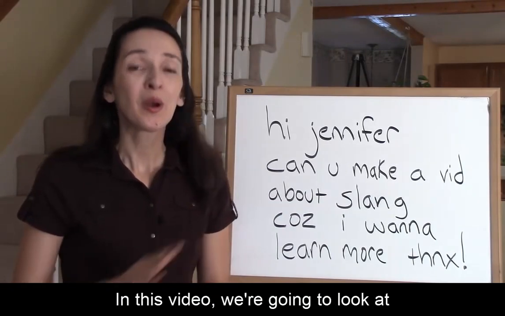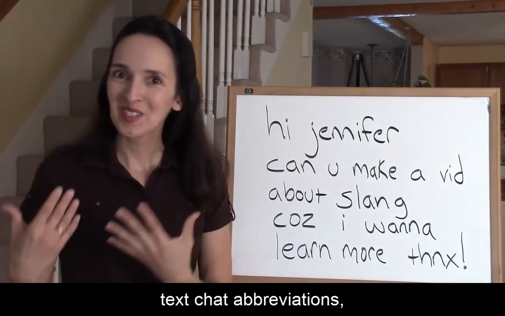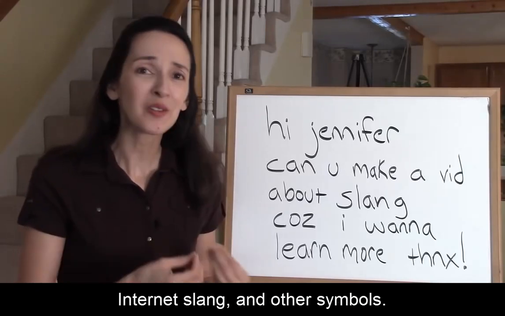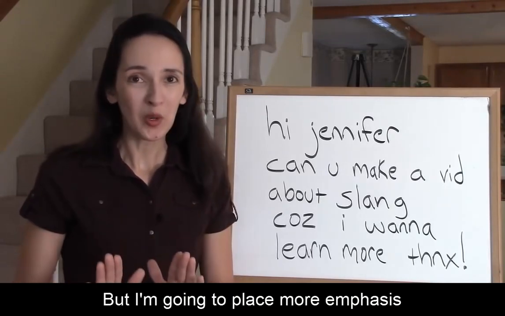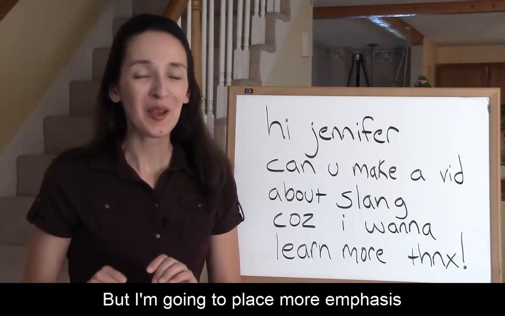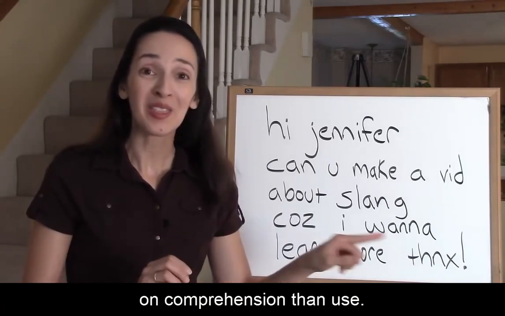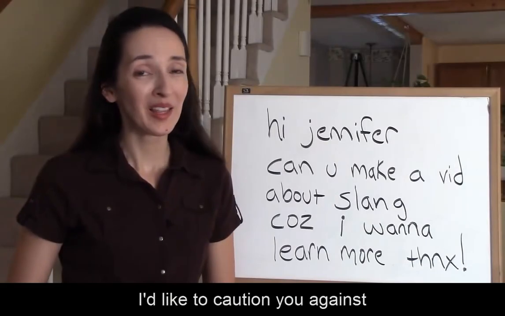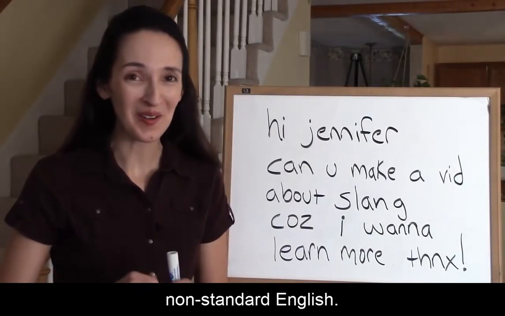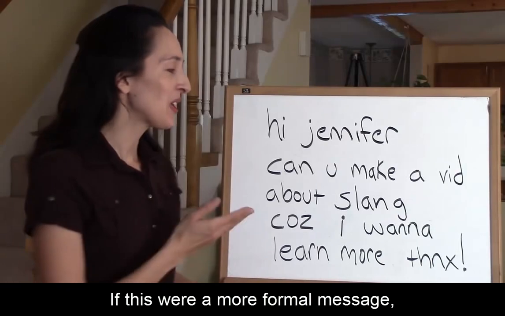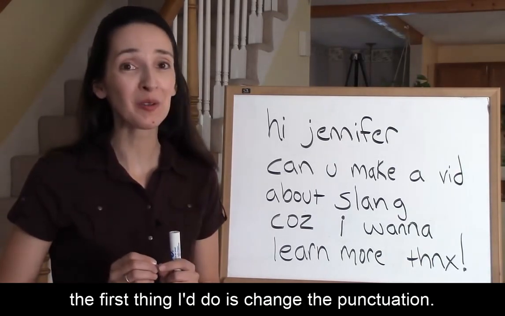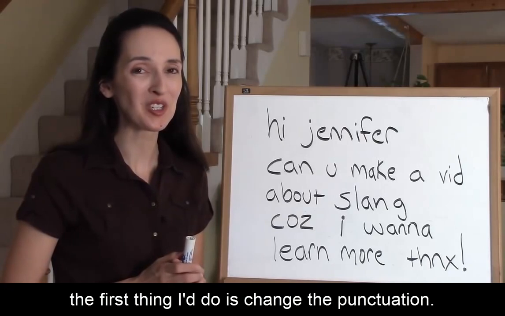In this video, we're going to look at text chat abbreviations, internet slang, and other symbols. But I'm going to place more emphasis on comprehension than use. I'd like to caution you against non-standard English. If this were a more formal message, the first thing I'd do is change the punctuation.